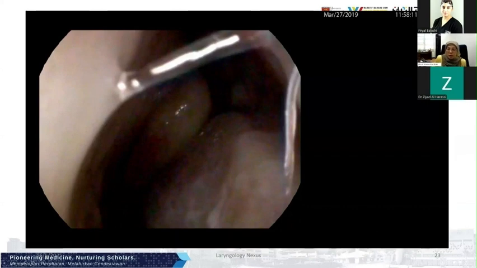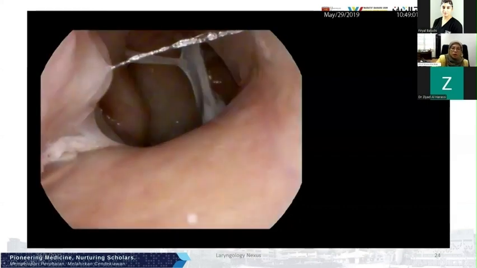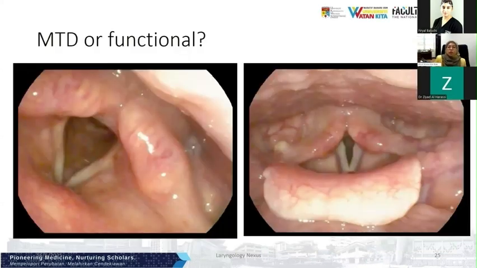So this is an example of how stroboscopy helps you to determine the diagnosis. Now another example, I have two videos. One is on my left, and one is on the right side. I'm going to play the first video first.